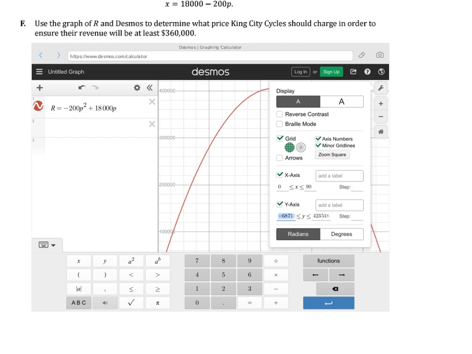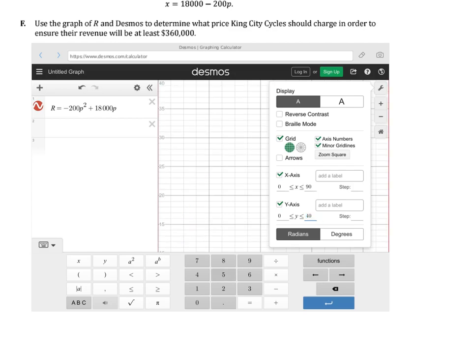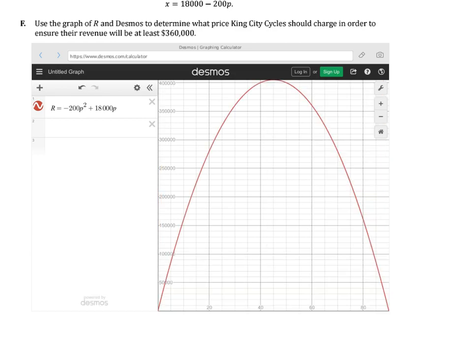Our minimum revenue should be 0, because revenue can't be negative. And our maximum revenue, we've already said, is going to be $405,000. And so now we see the graph of our revenue.